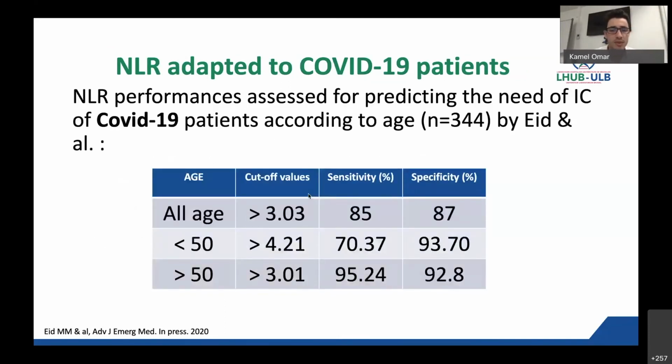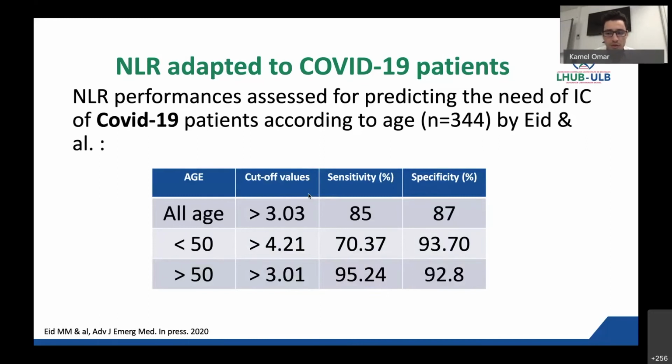So in the study conducted on 344 patients by Aid and his colleagues, they assessed the best NLR cutoff according to age for predicting the need of intensive care. They found out that for all ages, a cutoff of 3.03 had acceptable performance.